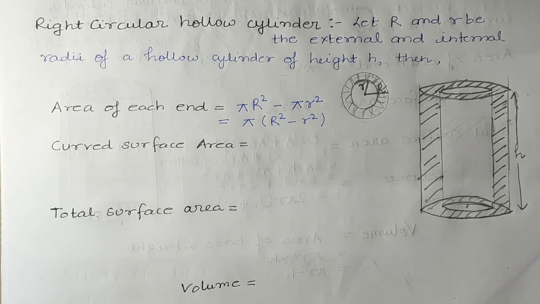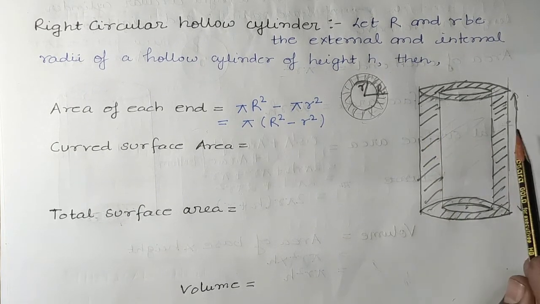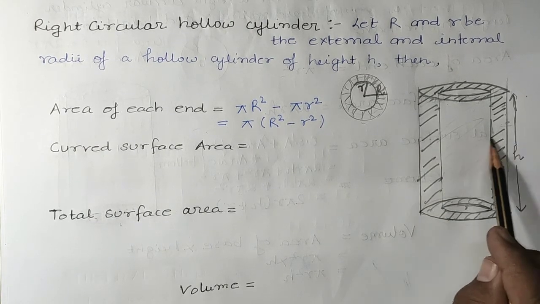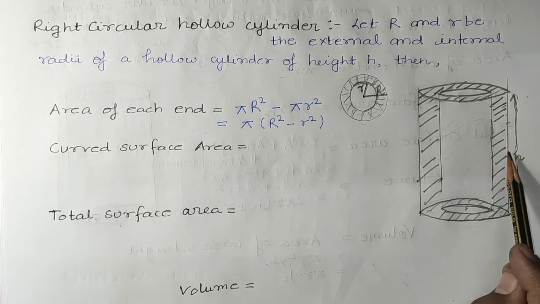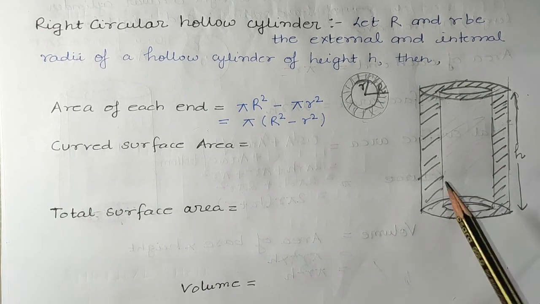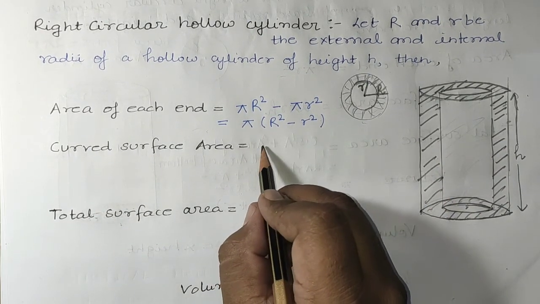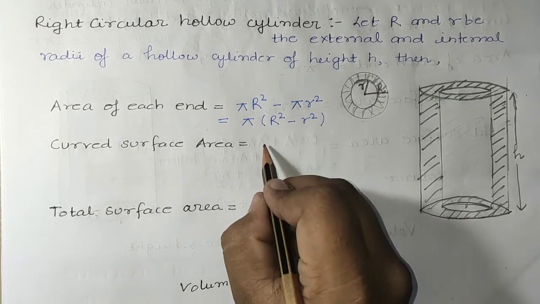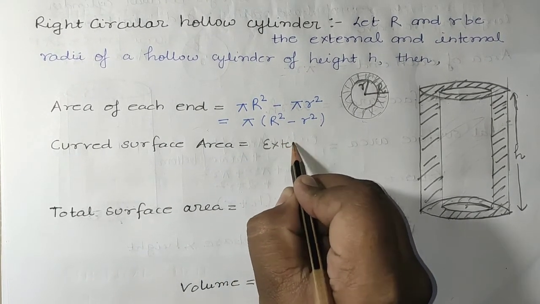Okay students, now let us understand what its curved surface area will be, meaning the surface area of its rounded part. Here two rounded portions are there, one external and one internal. So here you have to calculate both: the curved surface area of the external portion and the curved surface area of the internal portion.